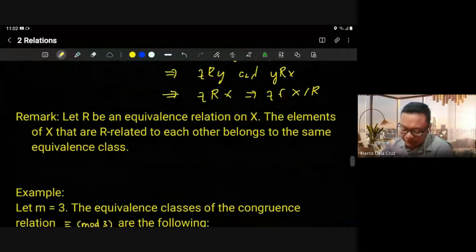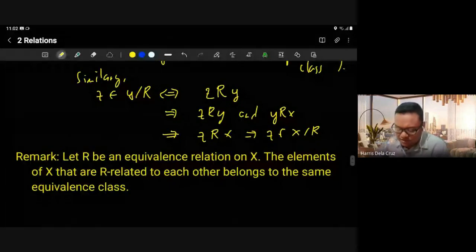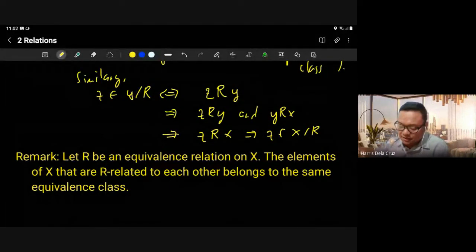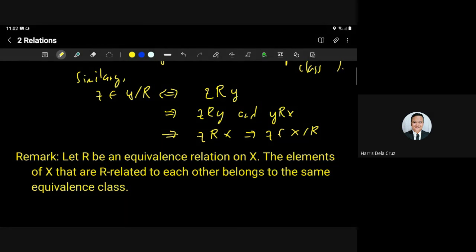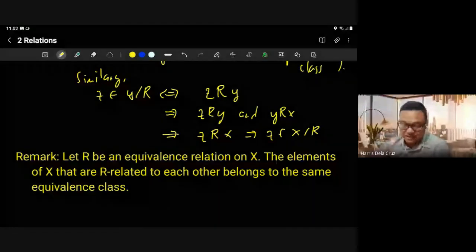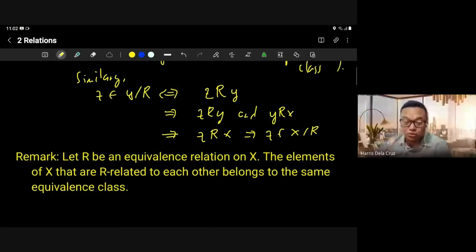So let me have a remark. Let R be an equivalence relation on X. The elements of X that are related to each other belong to the same equivalence class. Kamukha nung nakita natin kanina, they belong to the same equivalence class whenever the two elements are related.